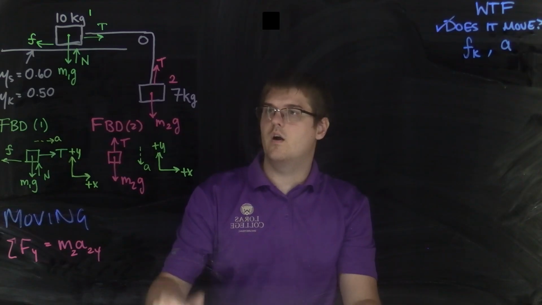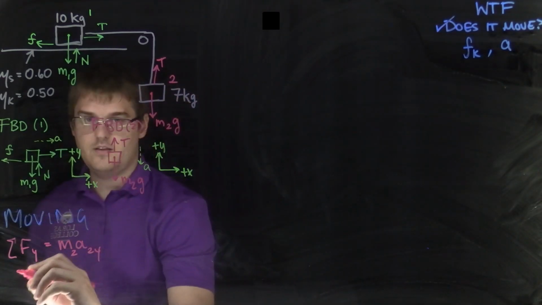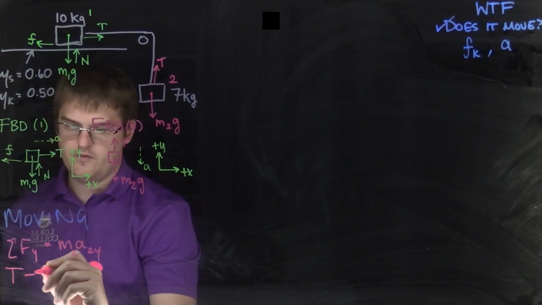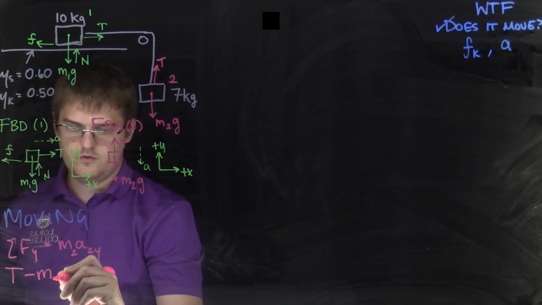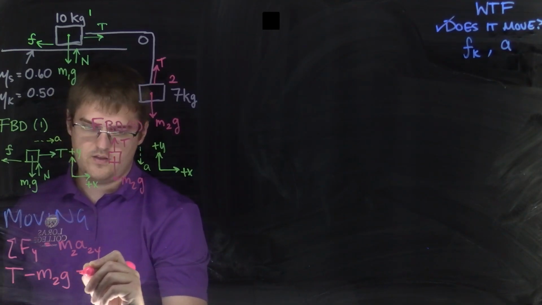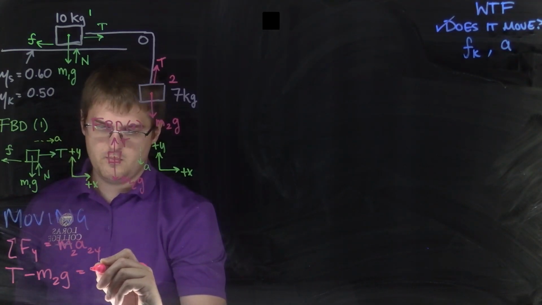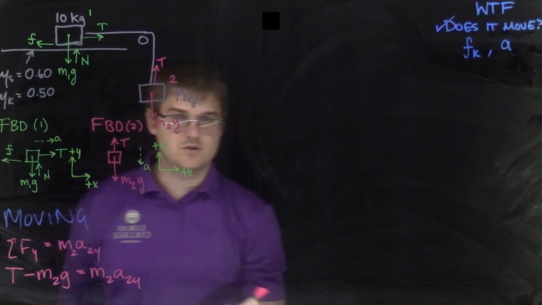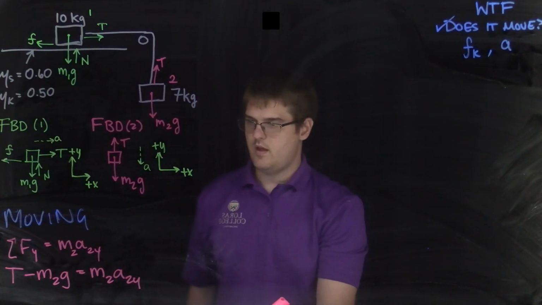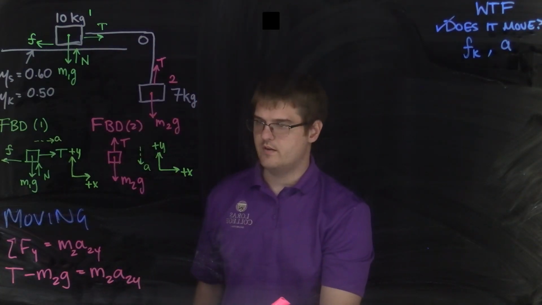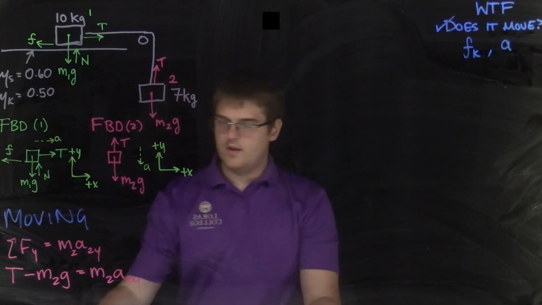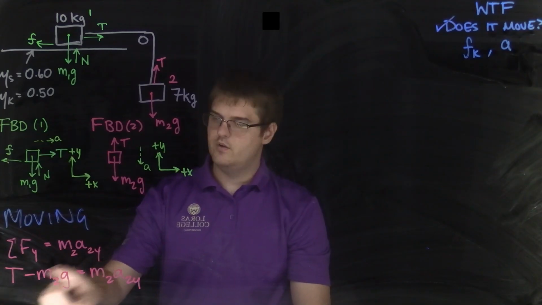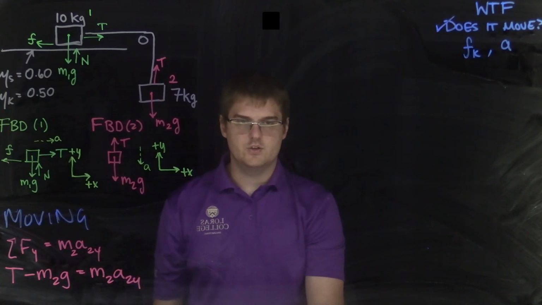What we get is our free body diagram has stayed the same. We still have tension going up. We have mass of 2 times gravity going down, and this is equal to mass of 2 times acceleration of 2 in the y direction. Which means that we now cannot quite solve this because we have two unknowns. We don't know what the tension is, and we don't know what our acceleration of 2 in the y is.